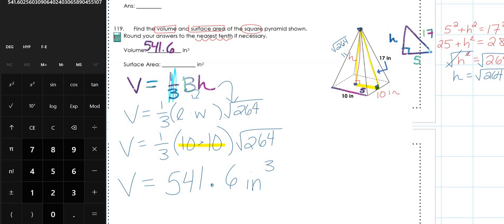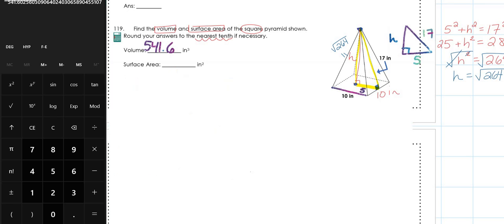I'm going to erase this so that I can give myself some room to write. Okay, so surface area, that means you're going to take the area of all of the sides and add them together. All right, well, let me think about this. So for surface area, we always do the lateral area plus, in this case, only one base because it's a pyramid.